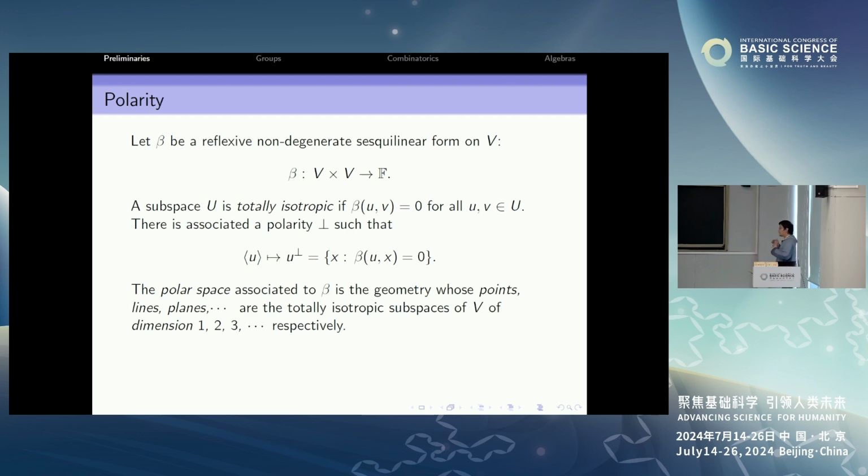There is a natural incidence between them, which is by inclusion. So we have objects of different types and incidence relations between objects of different types. This is the geometry.